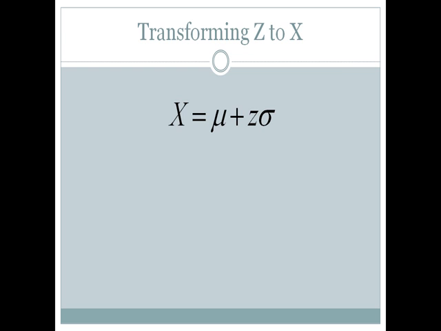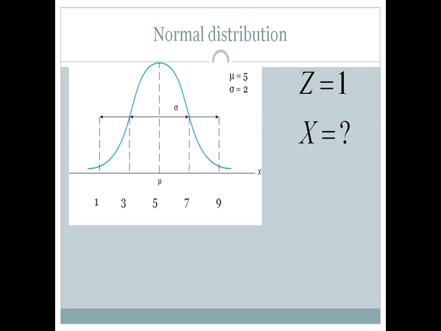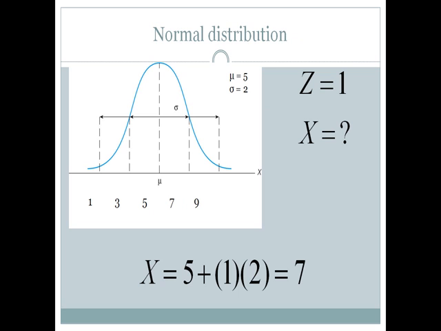So utilizing the new rearranged formula, if we know the z-score is 1 and we have the mean and standard deviation here, what is the raw score for a z-score of 1? Well, we apply the rearranged formula and we come up with a raw score of 7.